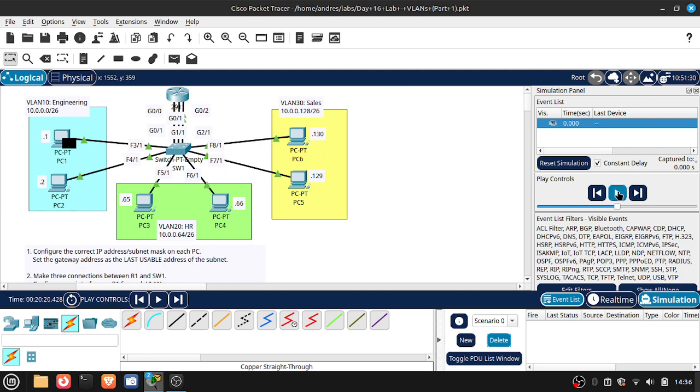So let's check it. It goes to PC2 and the interface for the router, no more. So that's it for the video lab, and see you in the next one.